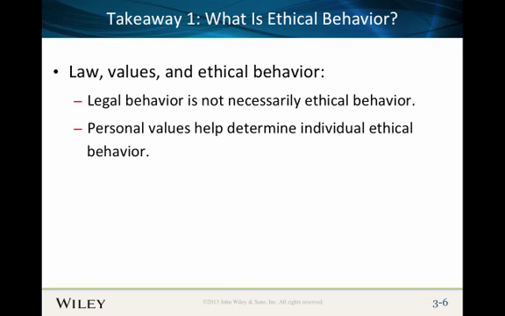Your personal values might suggest that this is not something that you want to do, something that you see as being wrong, and therefore your morality is framed by those values. But just like legal institutions, personal values are just one component of determining what ethical behavior is, what that ethical code is.